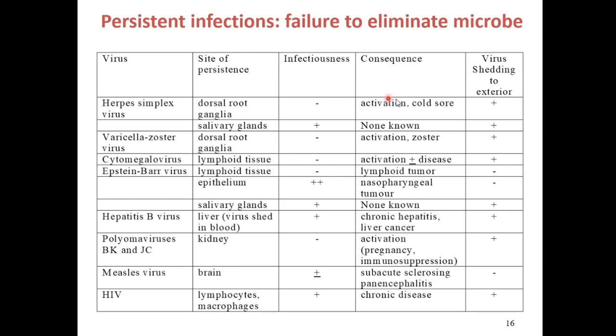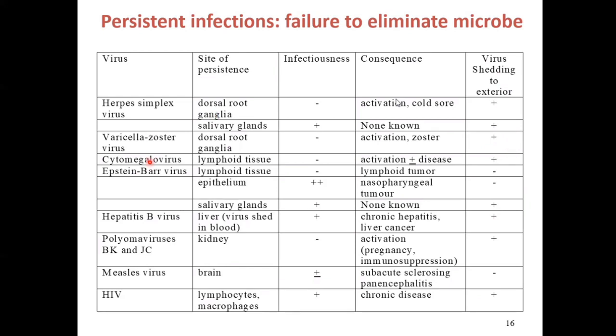They can be activated, produce cold sores, and the viruses can shed to the exterior during this reactivation. And we have varicella zoster virus, the cause of shingles, also in the same location, not infectious then. It can be activated and cause shingles, or zoster, and it can then be shed to the exterior.